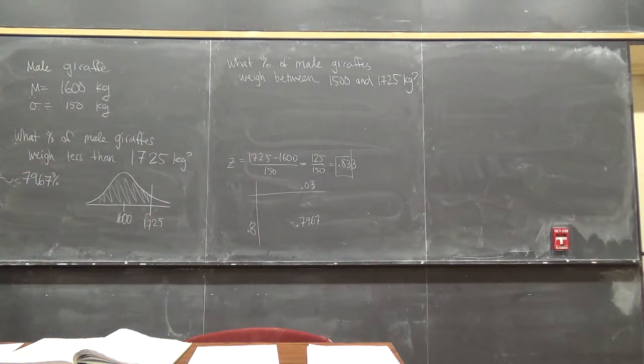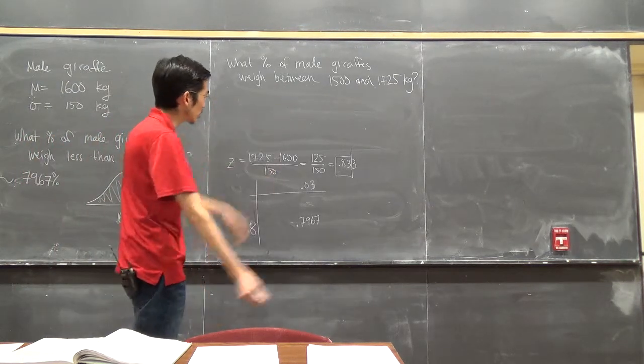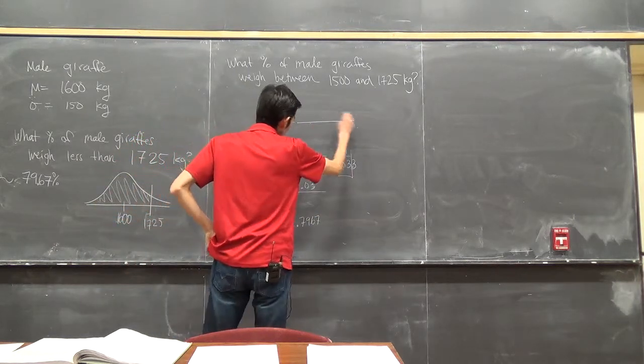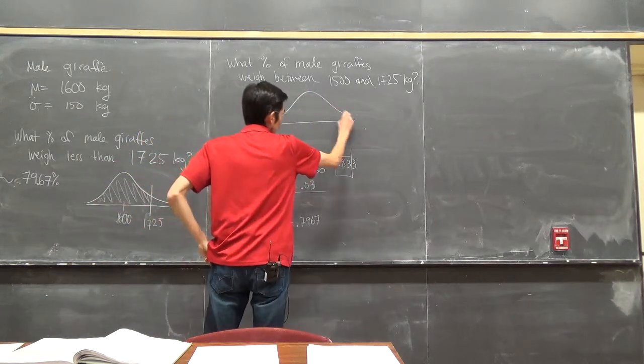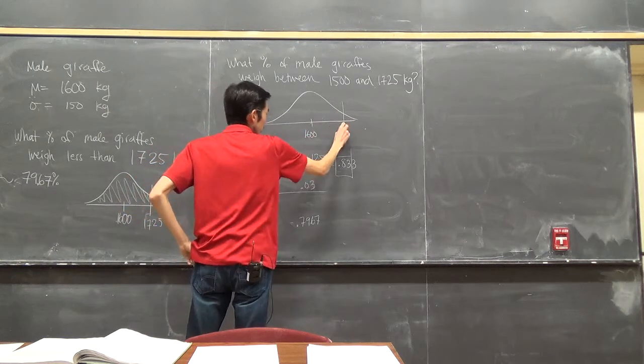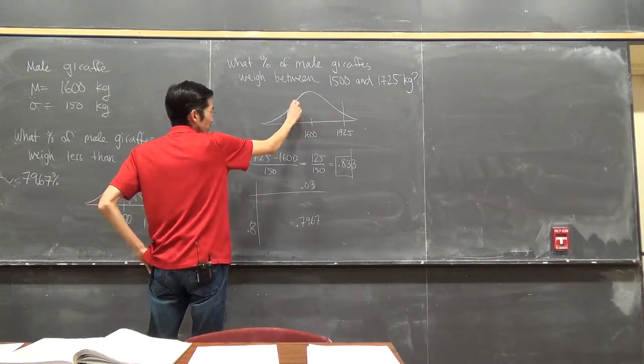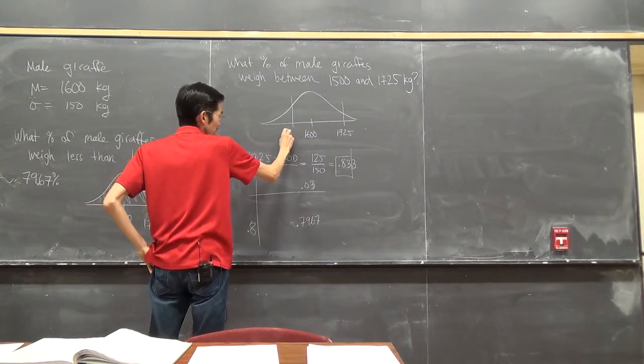All right, what about this next one? What percentage of male giraffes weigh between 1,500 and 1,725 kilos? Okay. Well, half of our work is actually already done, and to answer this one, my picture, if I draw it, looks like this. 1,600 in the middle, 1,725 off to the right, 1,500 off to the left.